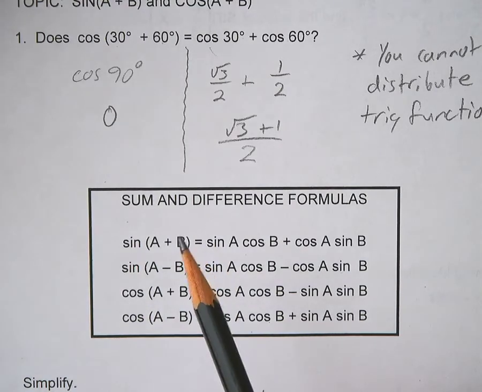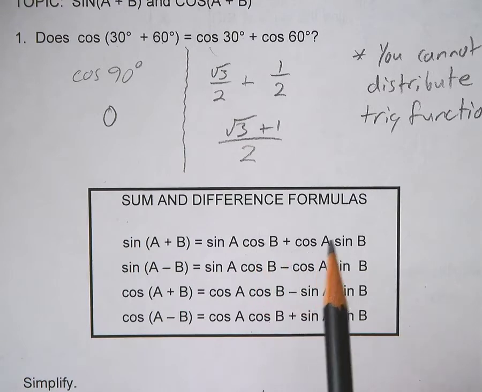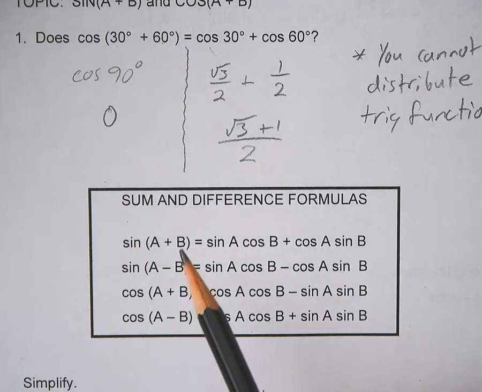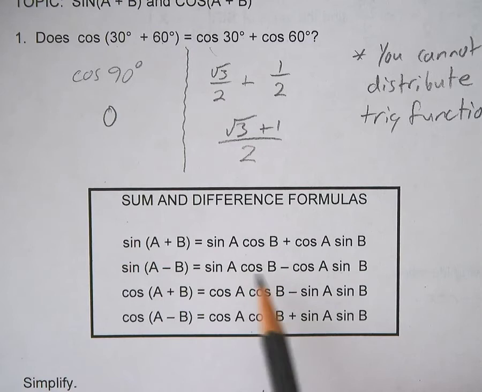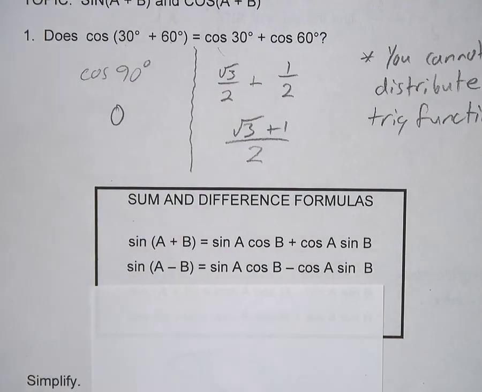Sine of a plus b is sine a times cosine of b plus cosine of a times sine of b. Sine of a minus b is the same thing, just with a minus sign in there. These two on their own are pretty easy to remember.